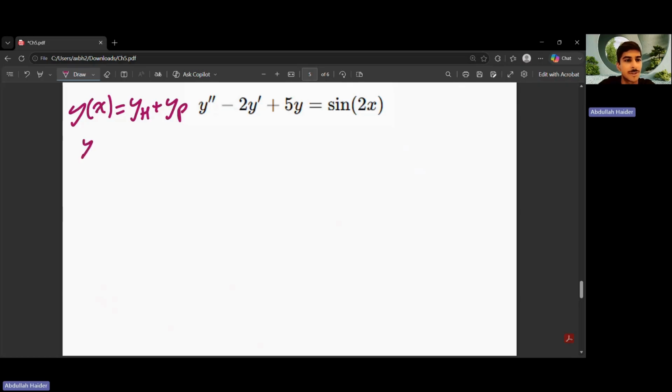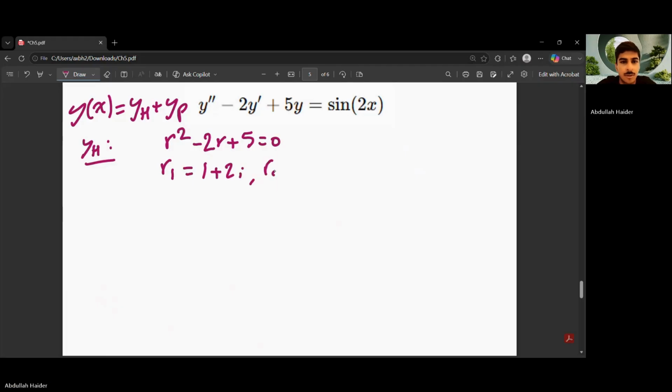Here your homogeneous solution is going to be r squared minus 2r plus 5 equals 0. You have the roots r1 equals 1 plus 2i, and r2 equals 1 minus 2i.